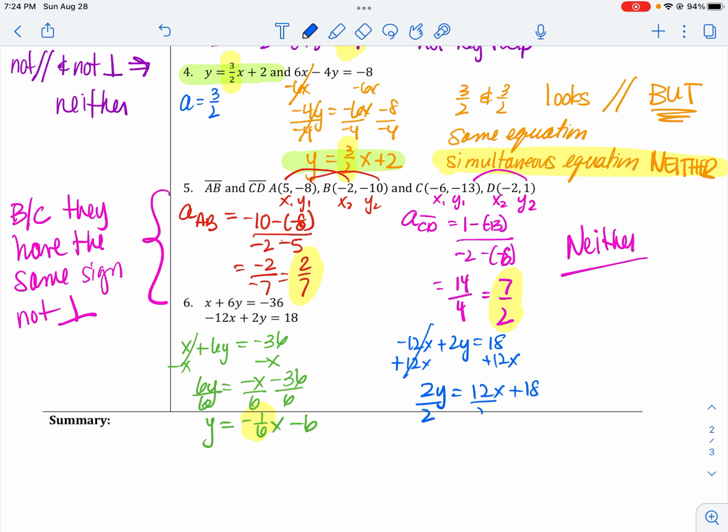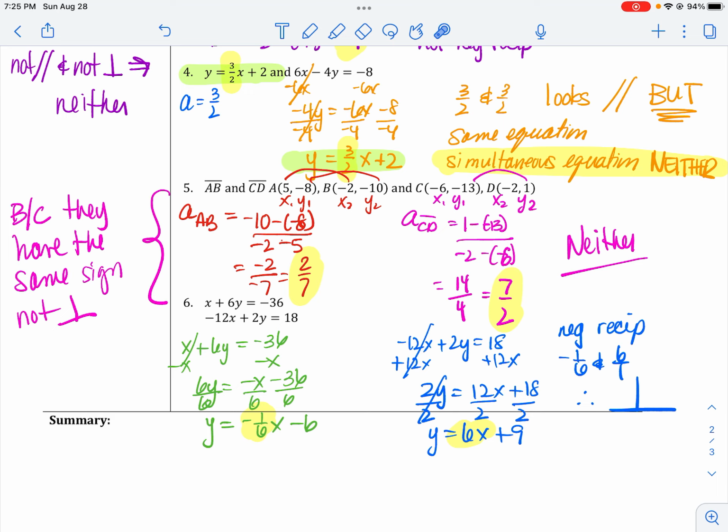Then we divide by the y coefficient so that I get y equals 6x plus 9. Here's the slope. So these are negative reciprocals, -1 over 6 and 6 over 1. Therefore, these are perpendicular.